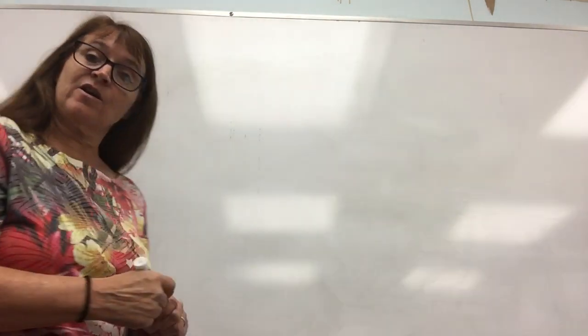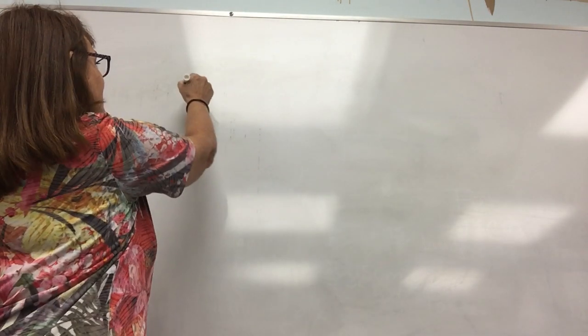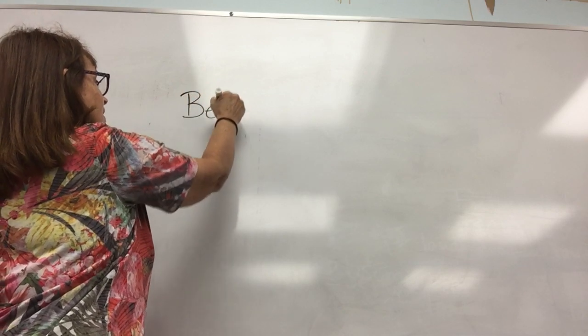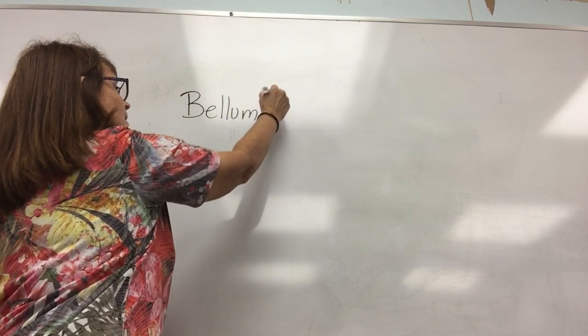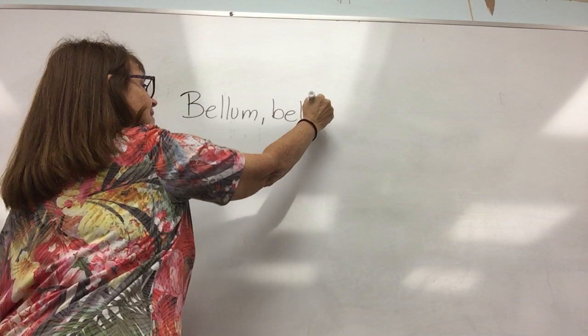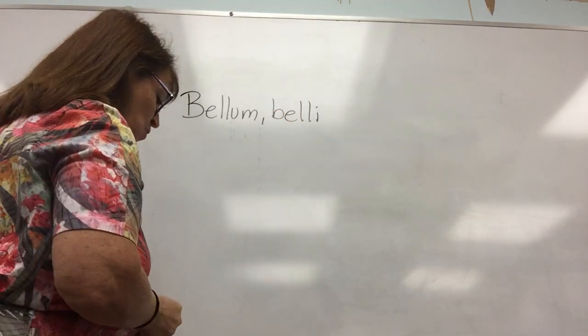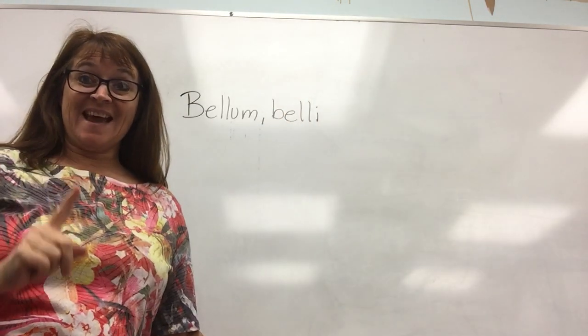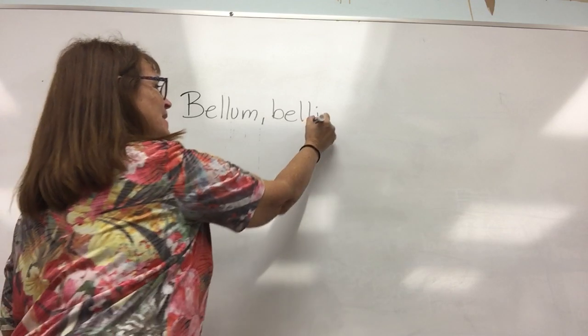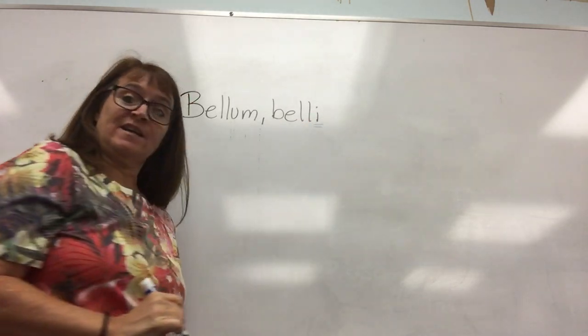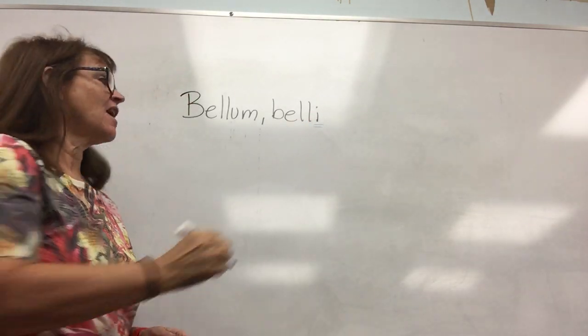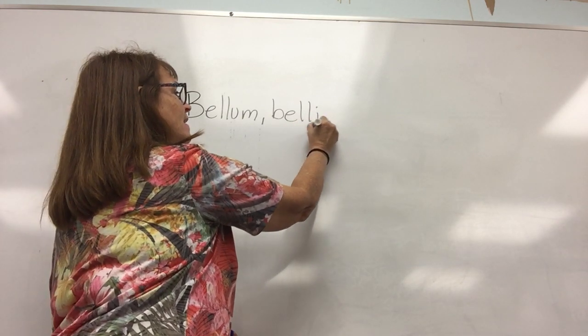Well, today we're going to work on our neuter model. And here it is. Bellum, belli. Okay, so we know it's second declension because the genitive singular ends in the letter I, okay?